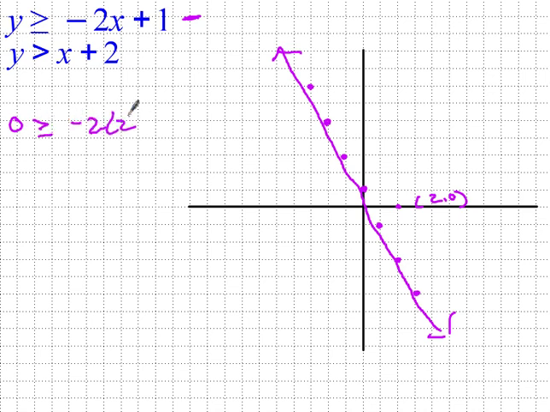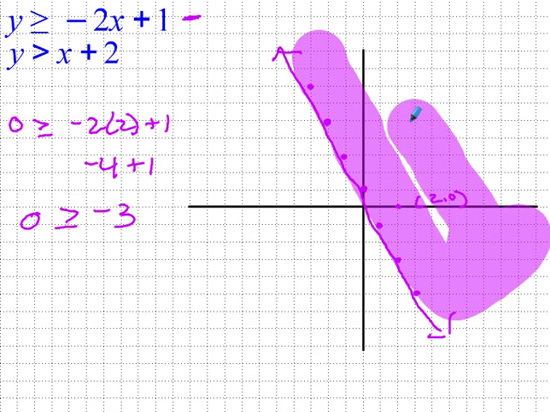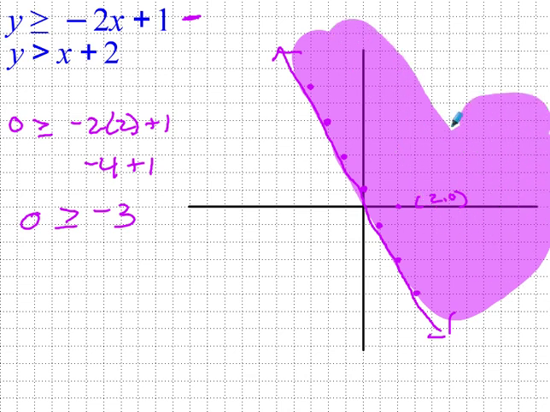Negative 2 times 2 plus 1. That's negative 4 plus 1, which is negative 3. Is 0 greater than or equal to negative 3? The answer is yes. Because this is part of the solution, this whole side of the graph is a solution. So all of these points are solutions to that single inequality.